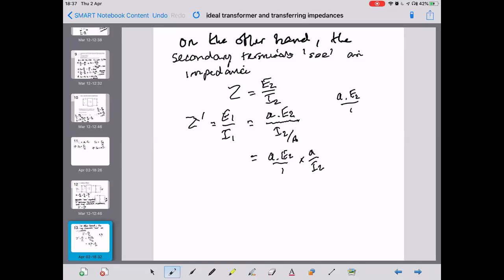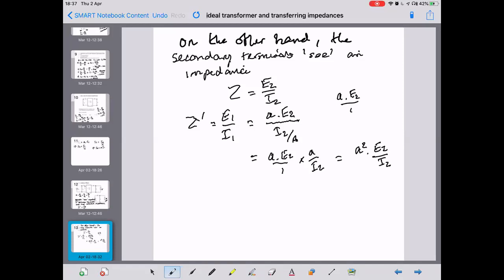So we've got A times A is A squared, times E2 over I2. And what have we said E2 over I2 is equal to on this page?